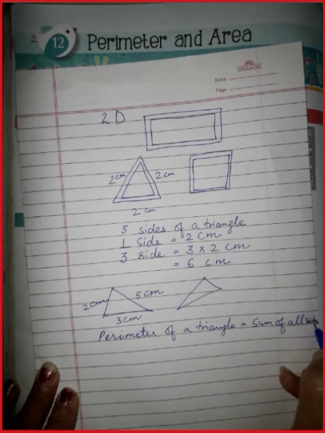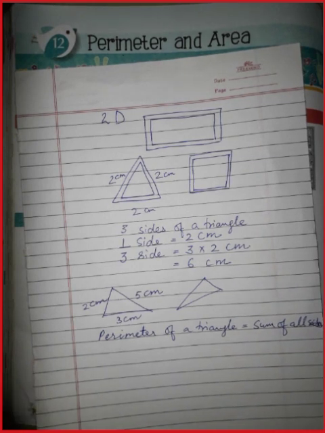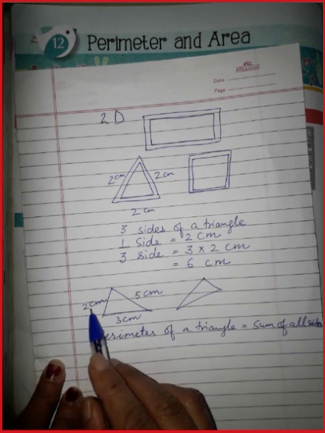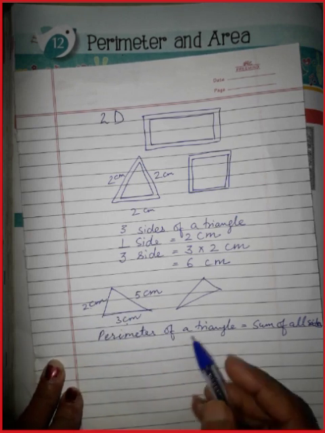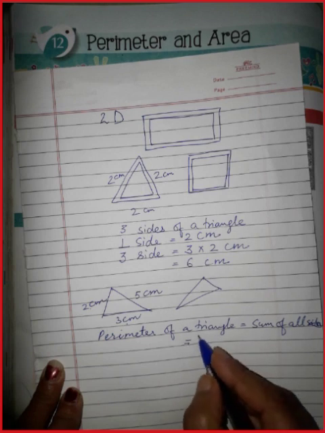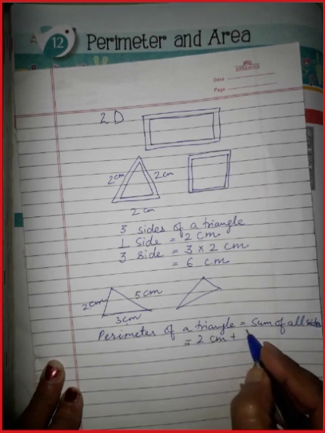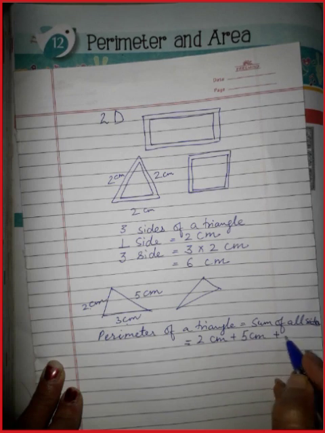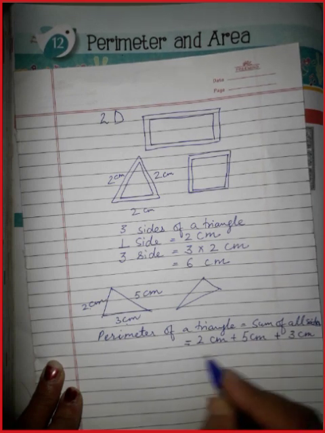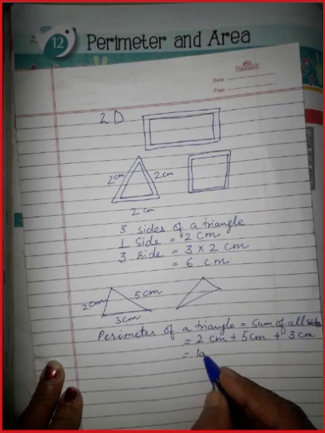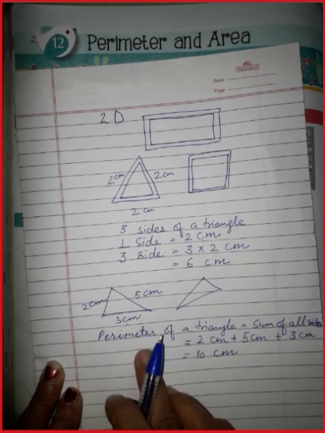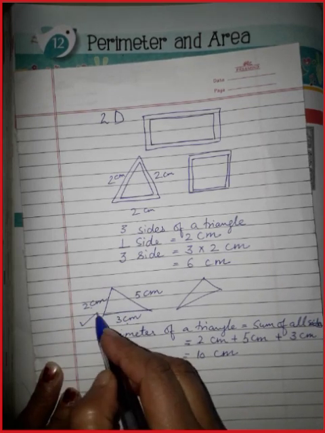So here the shape is 2 centimeter, 5 centimeter and 3 centimeter. These are the sides. So sum means add 2 centimeter plus 5 centimeter plus 3 centimeter equal to 2 and 5 is 7 and 3 is 10 centimeter. This is perimeter of this triangle.